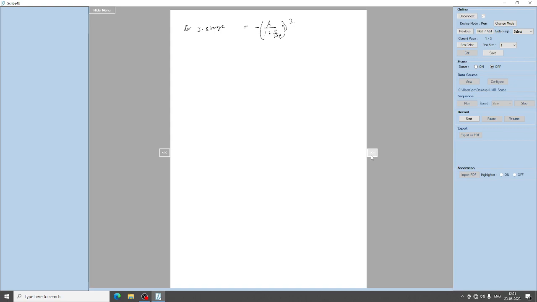So each will produce a gain of A upon 1 plus S upon omega p, where your omega p is at a particular value, given by 1 upon RC, right.